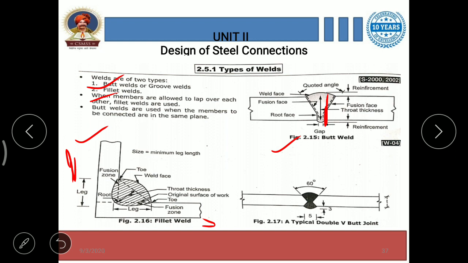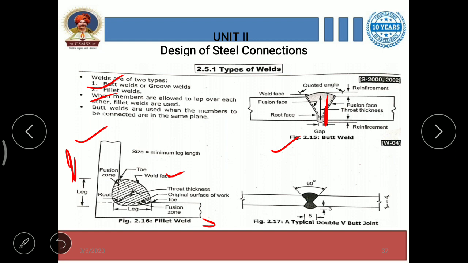First, weld face. Then throat thickness, which is the straight distance measured. Then the original surface of work, toe, fusion zone, and root. All these terms are important in the case of fillet weld.